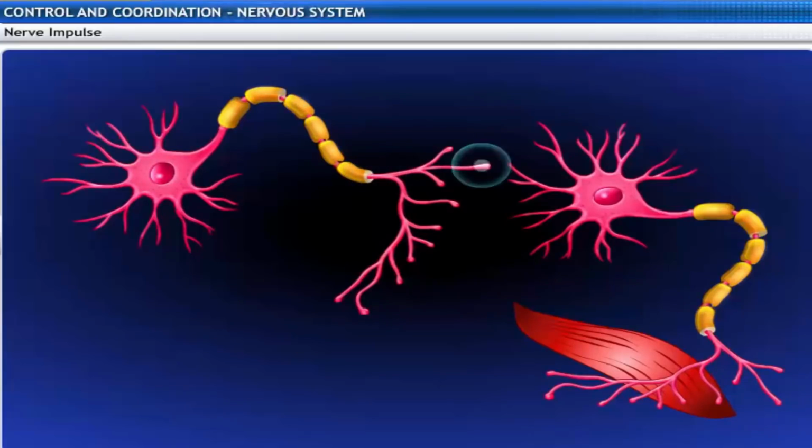At the end of the axon, the electrical impulse releases some chemicals which cross the gap, called the synapse, and start a similar electrical impulse in a dendrite of the next neuron. This is generally how nervous impulses travel in the body. This process continues till the impulses from the neurons are delivered to other cells, such as muscle cells or glands.